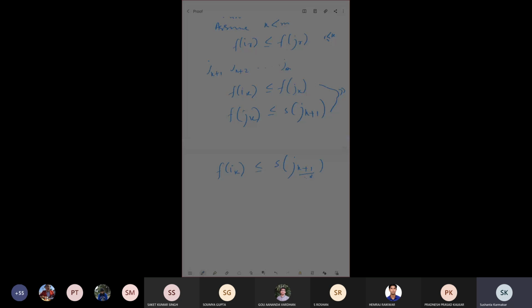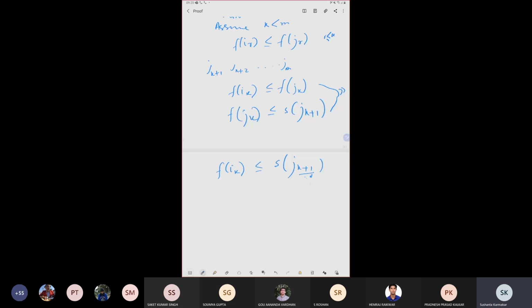If the greedy algorithm finds that these intervals, k plus 1, k plus 2, are not included in its list, then they would have been taken because they are compatible. But our greedy algorithm has stopped because there is no further interval, while the optimal is finding it. So this is a contradiction. So this k less than m cannot happen. So we must say k is exactly equal to m.